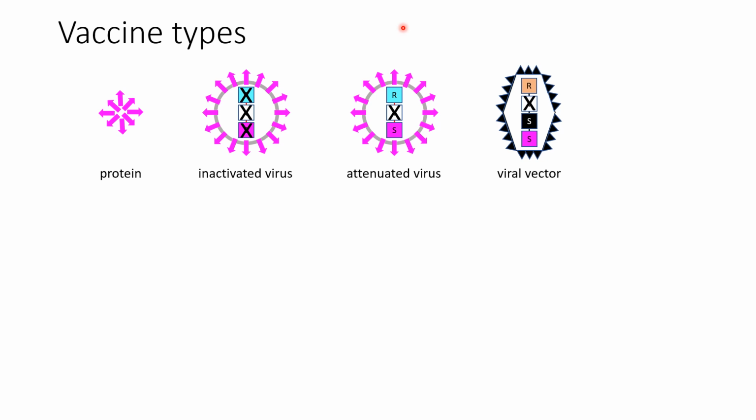Now I'll describe two more modern technologies. The first of these is the viral vector vaccine. In this case, we've taken a completely different virus, represented here by this hexagon with these black triangular structural virus attachment proteins on the outside. That virus has its own replication gene, its own virulence genes, its own structural genes, and I've done two things.